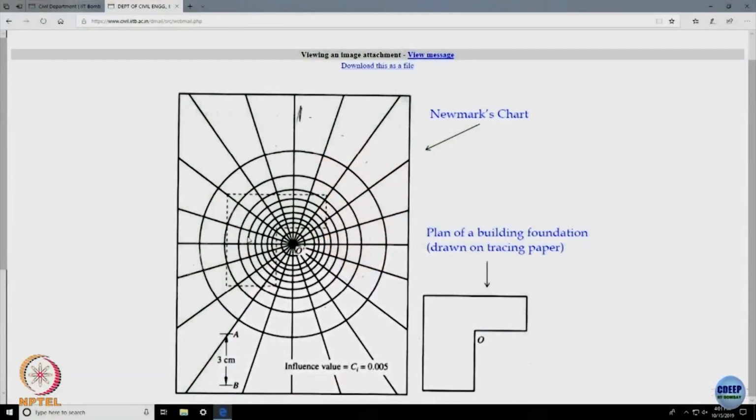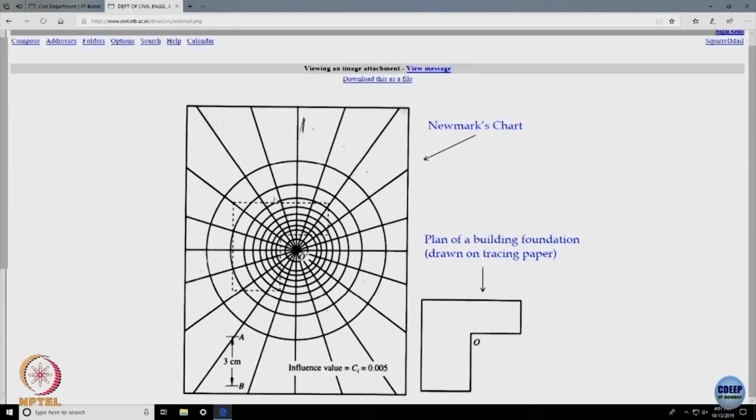So, these are typical Newmark's charts, very useful for irregular shaped buildings. This is the plan of the foundation which I have plotted on a tracing paper on a scale. This has been divided into 200 units.